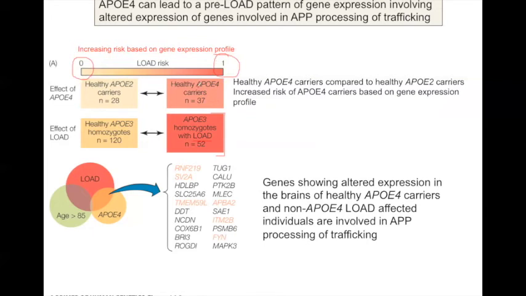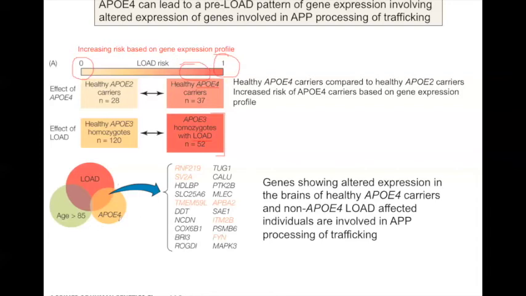Here we have healthy ApoE4 carriers. In other words, they don't have Alzheimer's, but they do carry the allele, and they are classed somewhere intermediate in this region here, not having the disease, but exhibiting changes in gene expression that would put them on the high end of risk of developing late onset Alzheimer's disease.